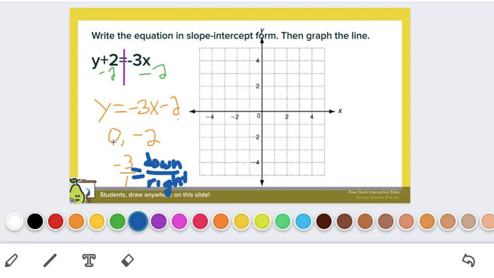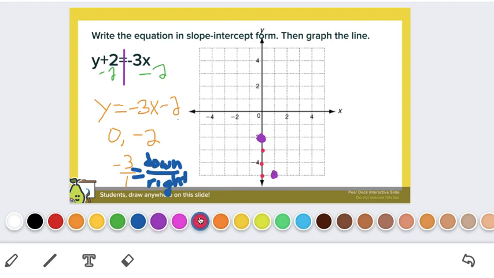All right, so first step, mark off the y-intercept at 0, -2. And then it says to go down 1, 2, 3, and to the right 1. And we got our other point.